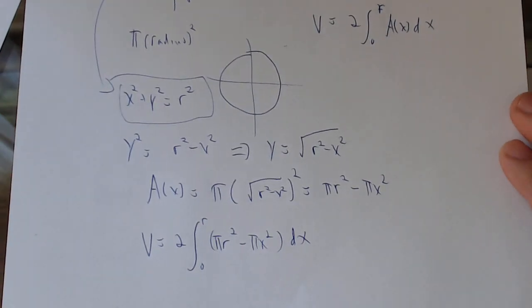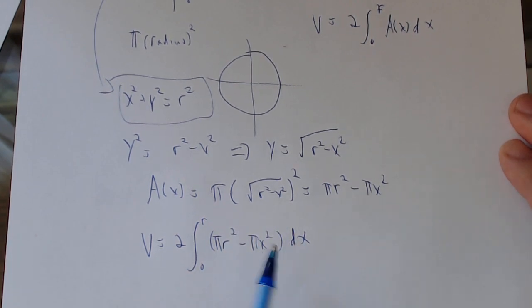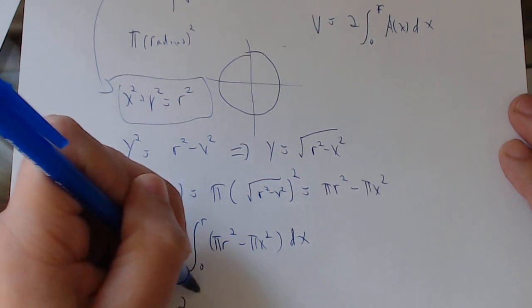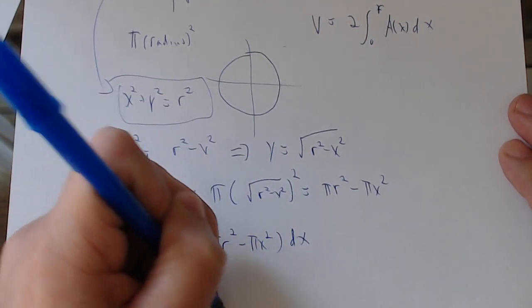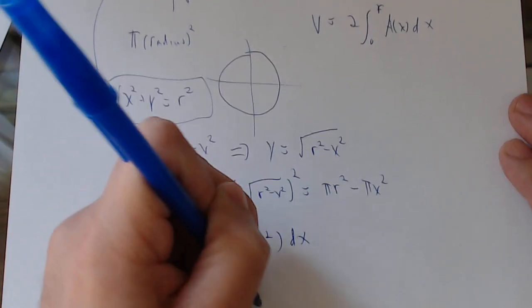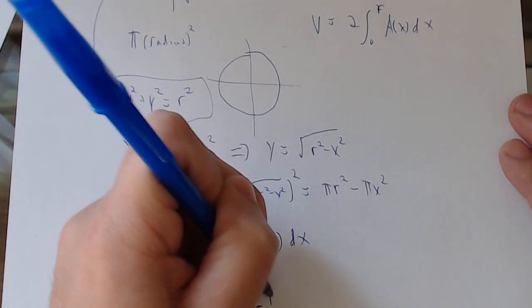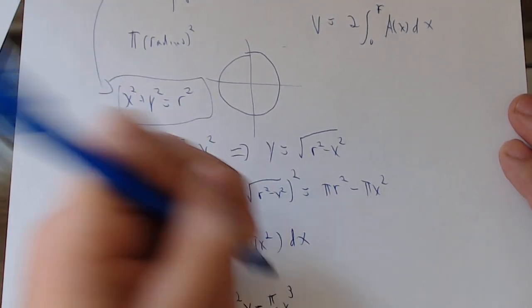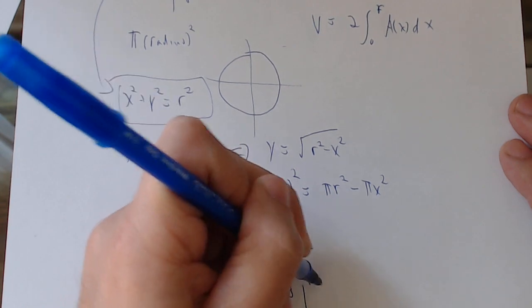Okay, so now we can integrate this. Remember, r is a constant. My only variable is x. So this becomes 2 times pi r squared x minus pi over 3 x cubed from 0 to r.